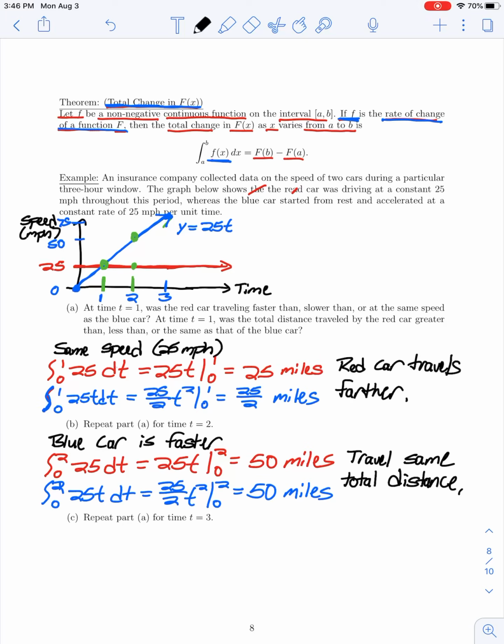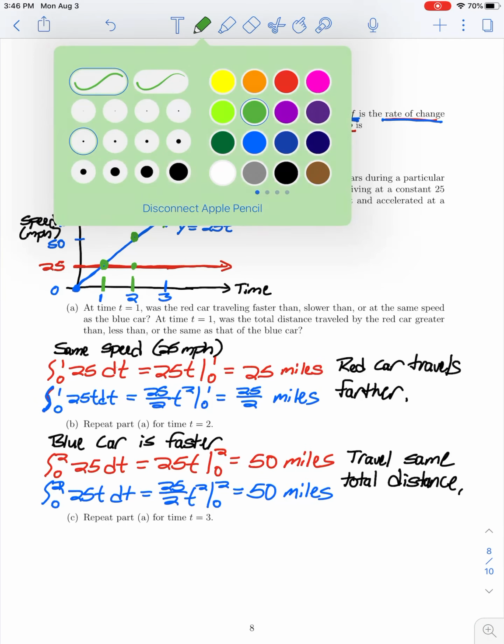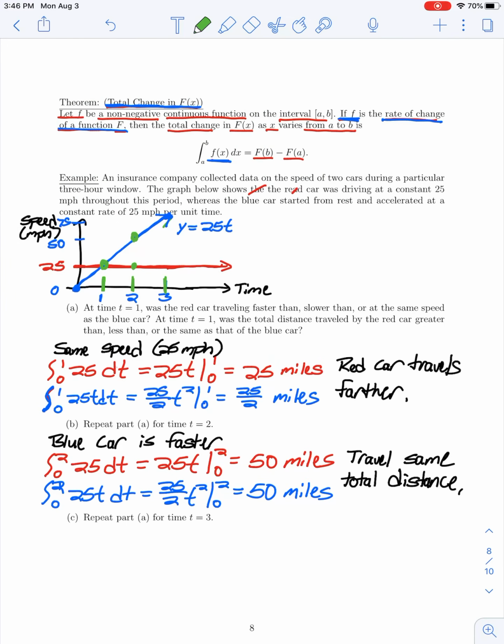And then for part C, we're supposed to again answer this question, but looking at time t equals 3. So at time 3, of course, we see the speed of the blue car is 75, whereas the red car remains at 25. So again, the blue car is traveling faster.